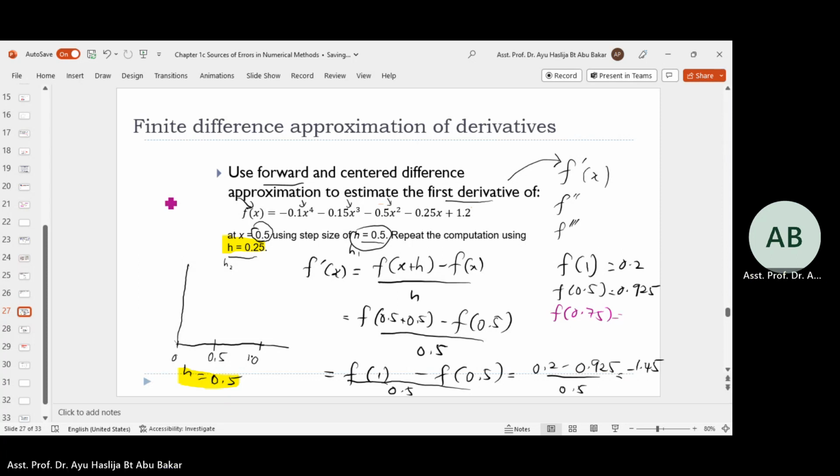Minus f 0.5, right? Okay, what you get for f 0.75? 0.6363, right? Yes. So find f prime x for h 0.25.